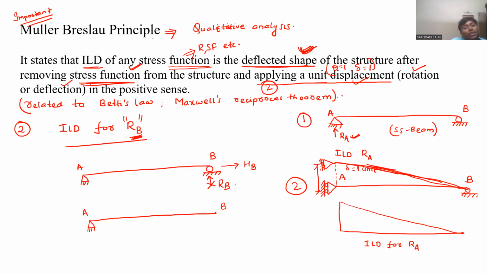What does the Muller-Breslau principle state? Read it one more time. It states that the ILD for any stress function, suppose we have to make the ILD for this reaction RB, then we have to remove this reaction and give 1 unit displacement. That's it.